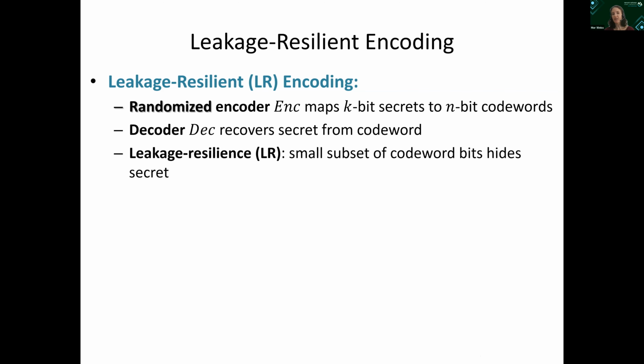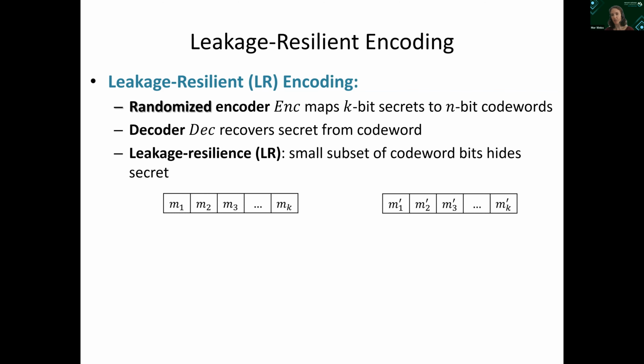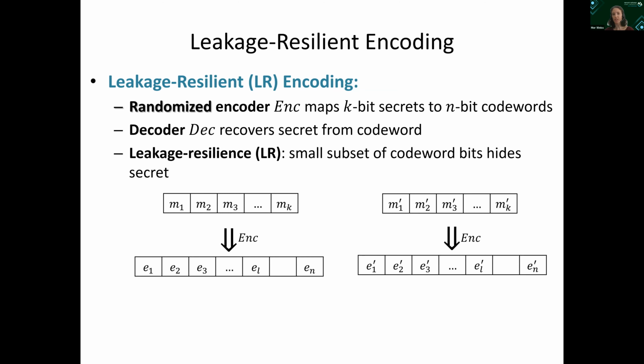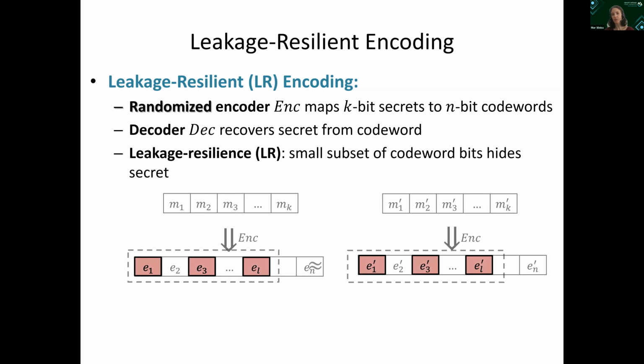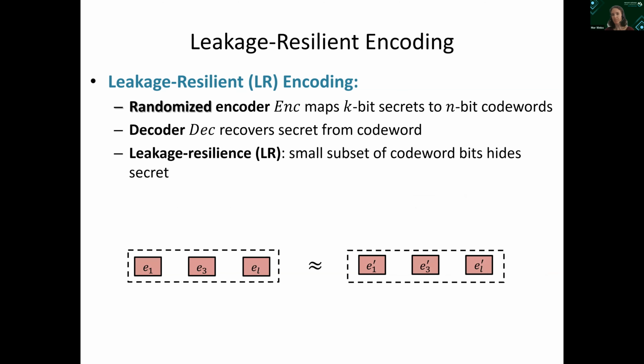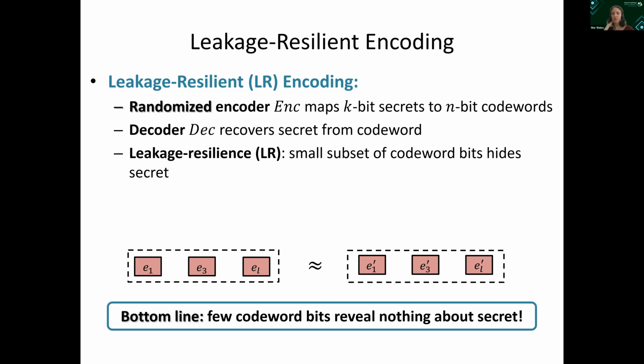The leakage resilience guarantee is that a small subset of code word bits reveals nothing about the secret, in the sense that you start out with 2 secrets, M and M prime, and you randomly encode them into 2 code words, E and E prime. Then leakage on these 2 code words is statistically close. So these few code word bits that you leaked reveal no information about the secret.